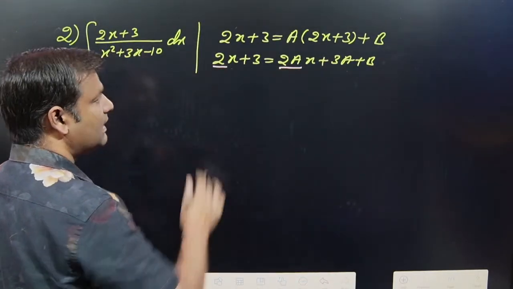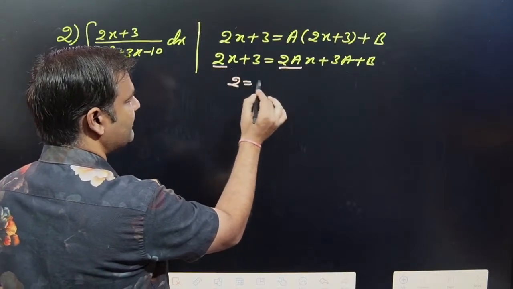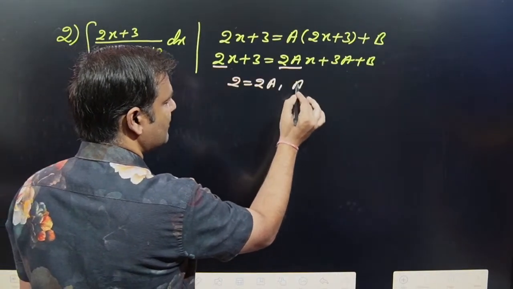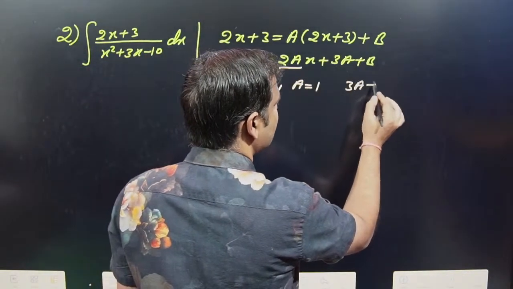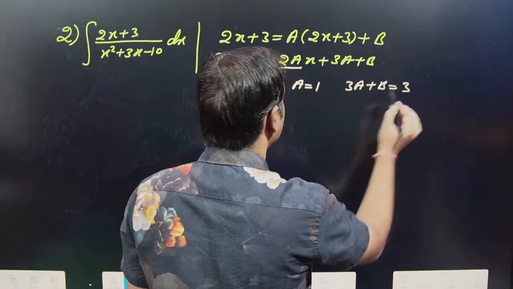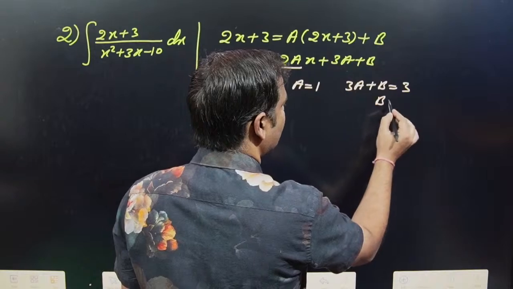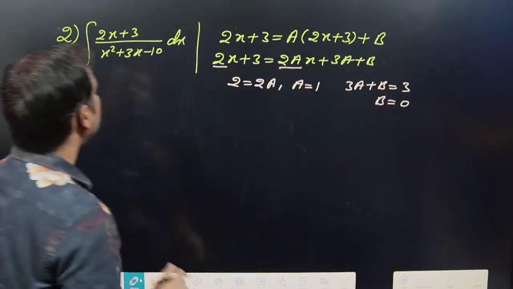Now compare x. Here 2 is equal to 2a, so a is equal to 1. And 3a plus b is equal to 3, so b is equal to 0.